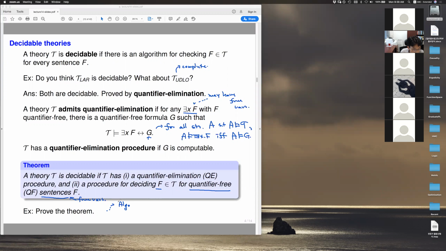So that algorithm takes F, which is a first order sentence. And then the first step of the algorithm is we transform F to maybe rectified prenex normal form.